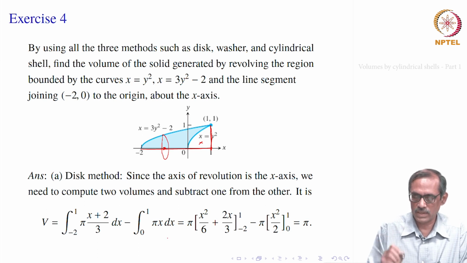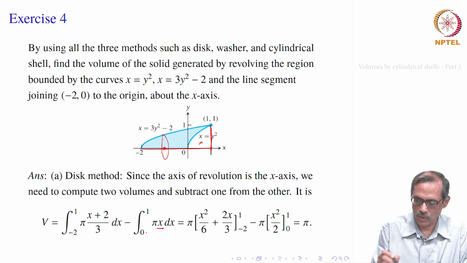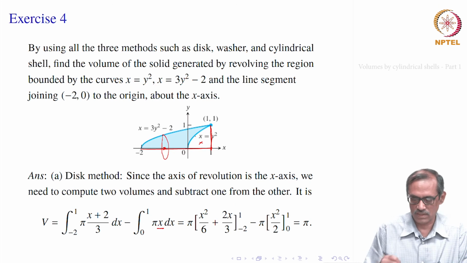That is x equals y², so it is pi y² dx, that is pi x dx. We take y as a function of x here, because it is revolved around the x axis.